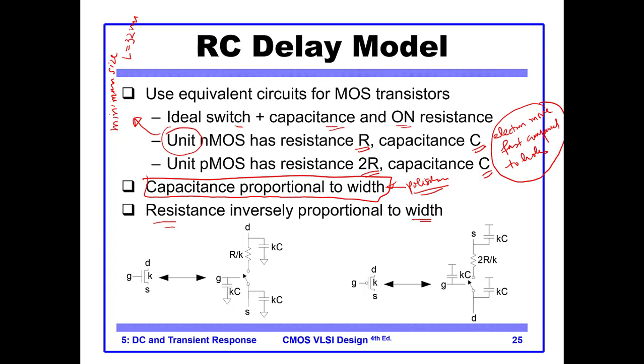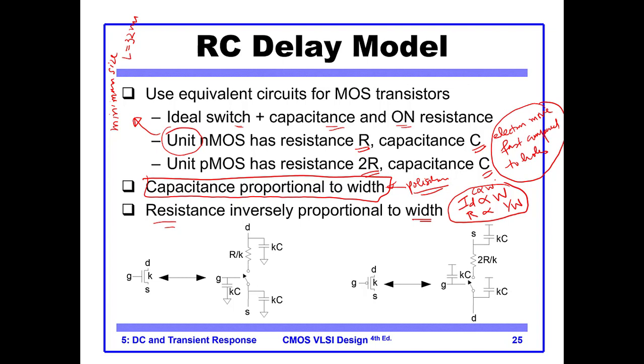Okay, the current will increase, which will mean the resistance will decrease. So increasing width decreases the resistance. So ID is directly proportional to width, but R is inversely proportional to width, and similarly C is directly proportional to width.